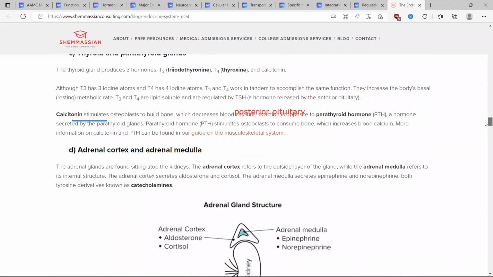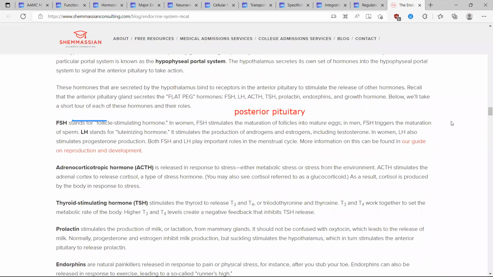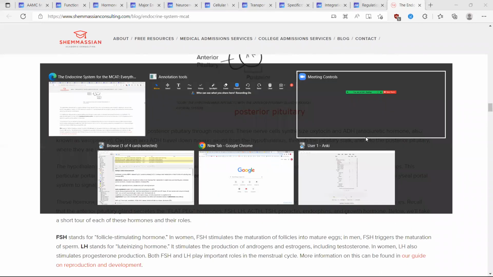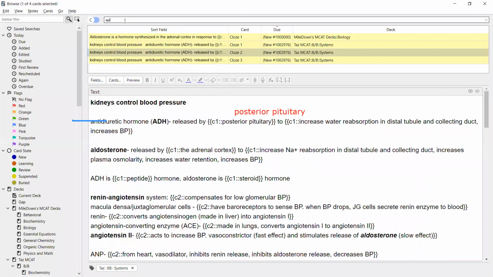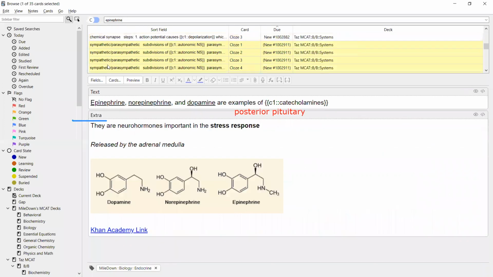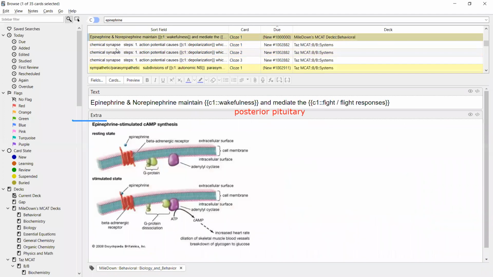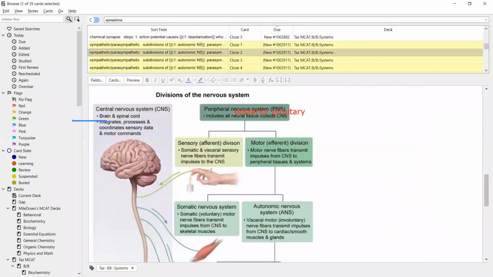Where are they being released from, though? I don't remember, let me check.